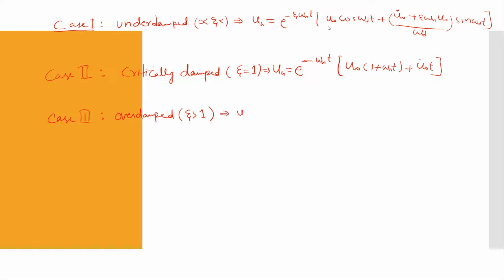So we will have u of h equals e to the power minus xi omega n t into u naught cos hyperbolic omega star t plus u naught dot plus xi omega n u naught upon omega star into sine hyperbolic omega star t.